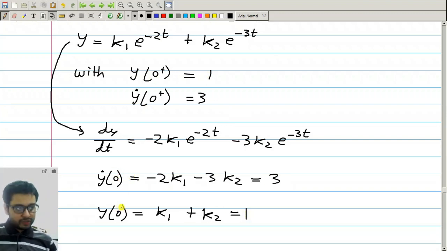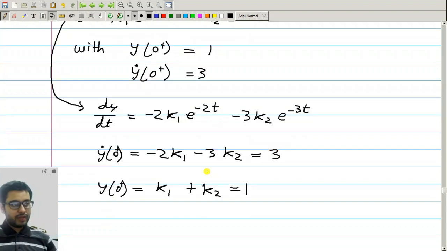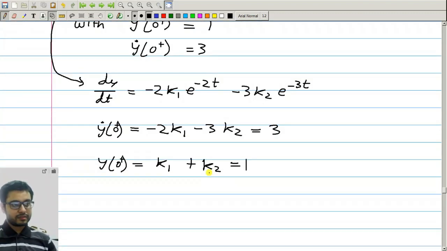We will put y(0 plus) actually. Okay. And now if you solve these two equations, you shall get k1 equal to 6 and k2 equal to minus 5.